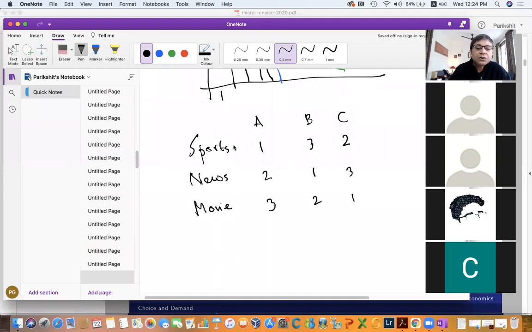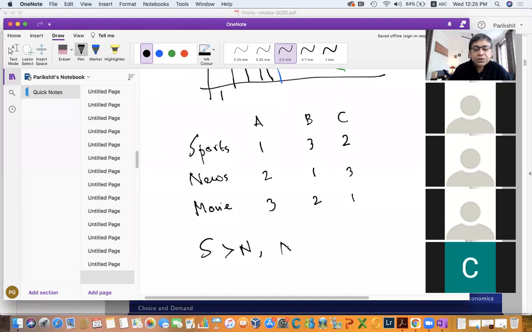So if we compare sports and news and take the vote, which will win? Two people prefer sports to news. A prefers, C prefers. So sports is preferred to news. Between news and movie, the first two prefer the news.